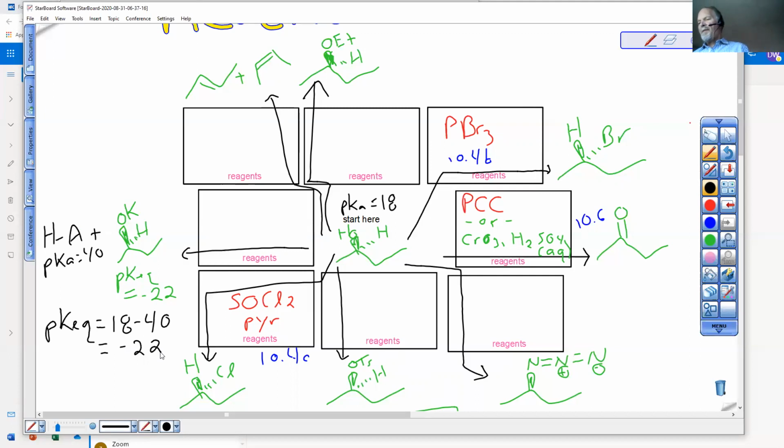So I'm not looking for HA in this box. I'm looking for its conjugate, you guessed it, conjugate base. So I need the conjugate base of an acid with a pKa of 40. Please, that pKa table never leaves your brain. The only acid with a pKa of 40 we ever learned was an amine.